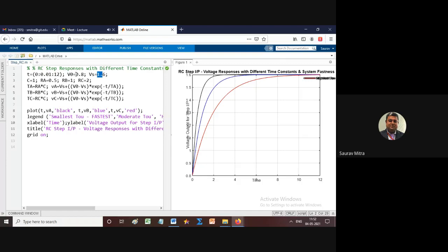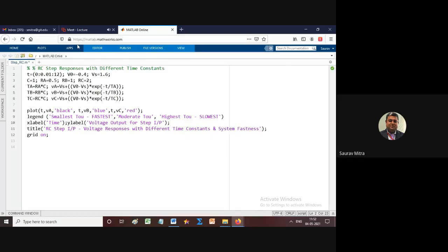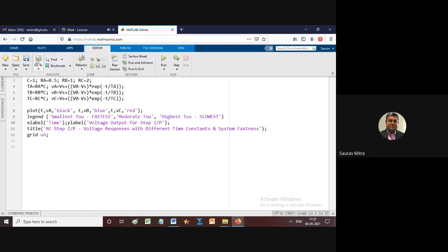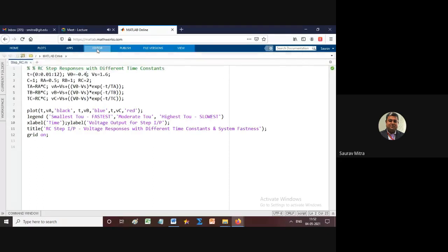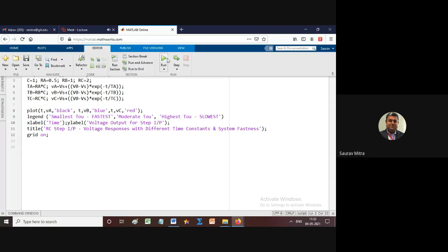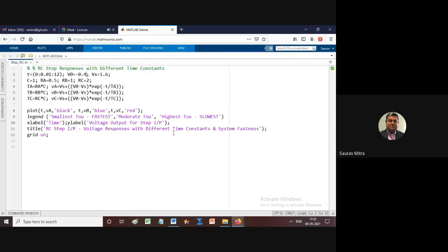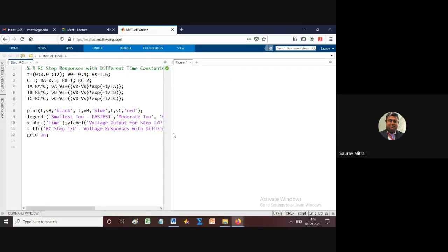Let's just see one thing. Let us change the initial voltage and make it minus 0.4. All other things we are keeping constant, so just one change, that is we are starting from minus 0.4. That means whether your capacitor is storing positive voltage or negative voltage, in both cases you can generate the graph.